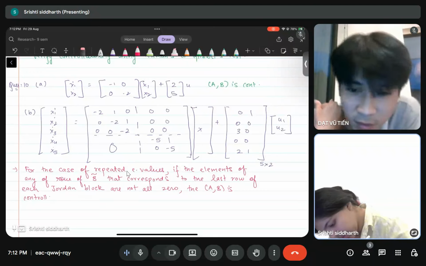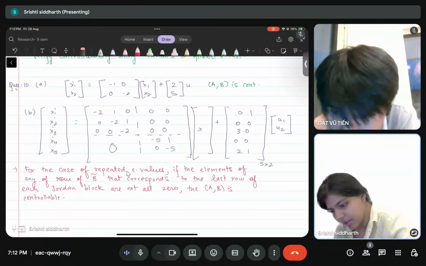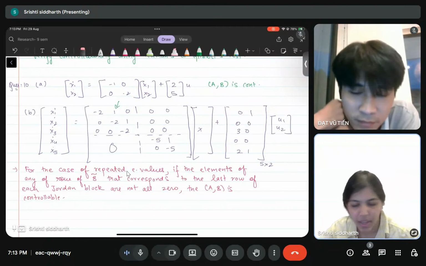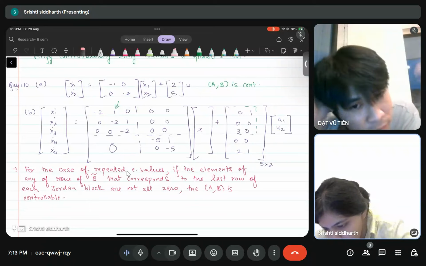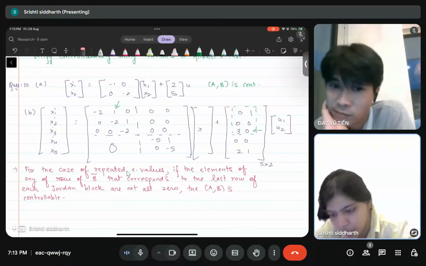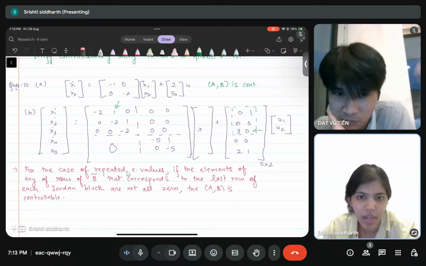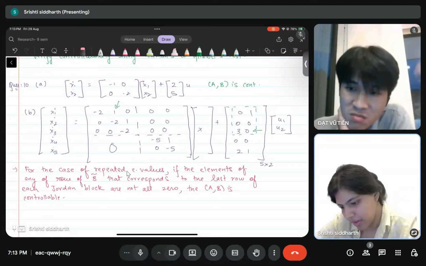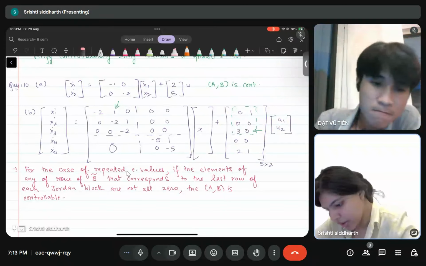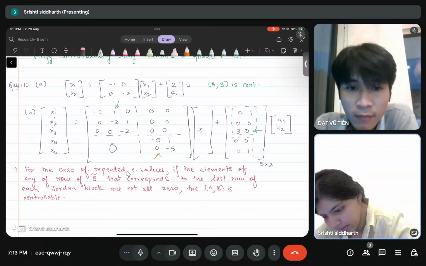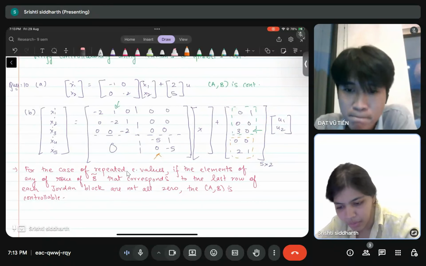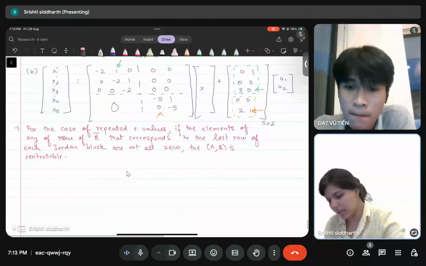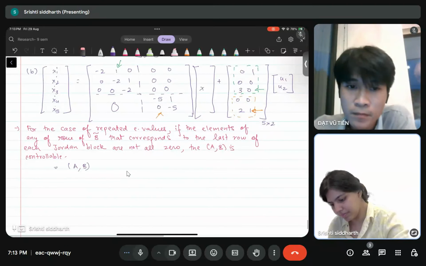For example, this is the first Jordan block, with three entries in the B tilde matrix. We look at the last row. If it is all zeros, then it's not controllable. If it is not zero, then it is controllable. For the first Jordan block, we have this. This is zero, but we have to look at the last row, and this is not zero. So the pair AB is controllable.